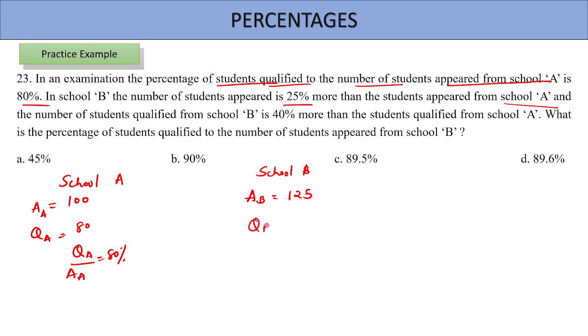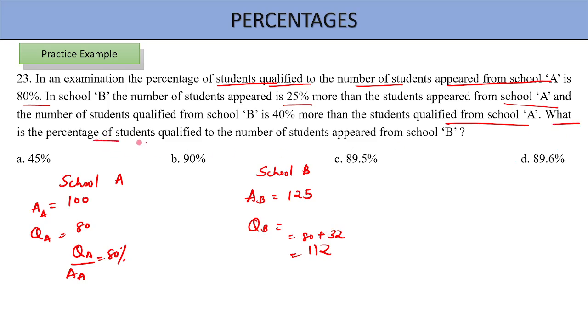And the number of students who qualified from B is 40% more than the students qualified from school A. So 80 into 1.4 is going to give you 80 plus 32, which is 112. So 112 students qualified from school B.